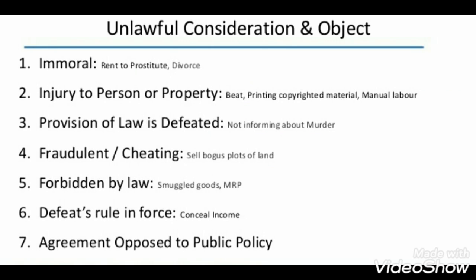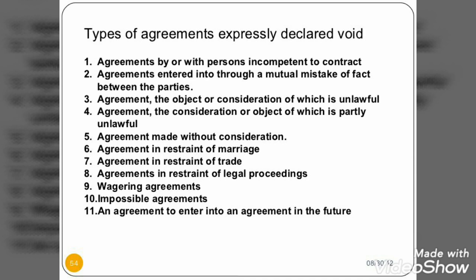These include: agreements by or with persons incompetent to contract, agreements entered into through a mutual mistake of fact between the parties, agreements whose object or consideration is unlawful, consideration or object partly unlawful, agreements made without consideration, agreements in restraint of marriage, restraint of trade, restraint of legal proceedings, wagering agreements, impossible agreements, and agreements to enter into an agreement in future.